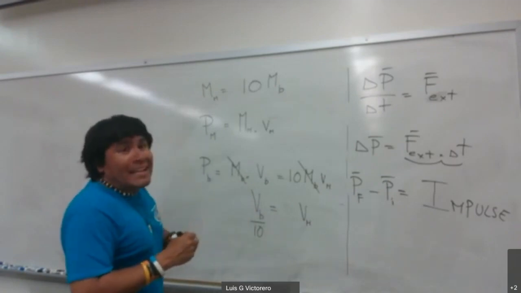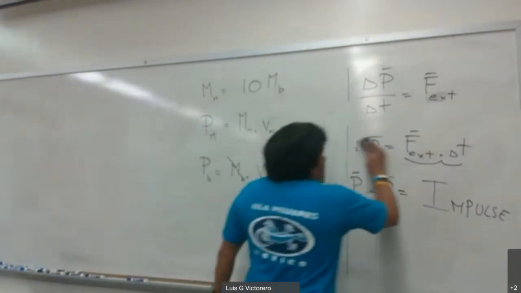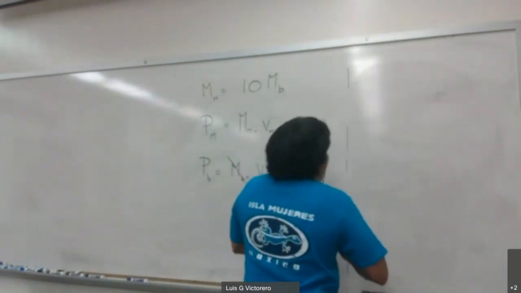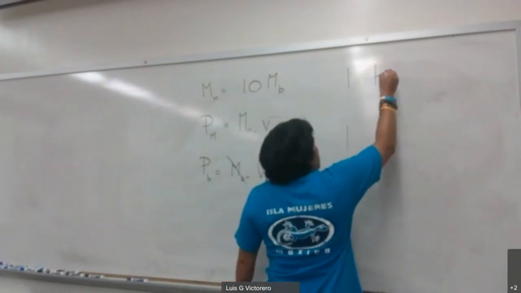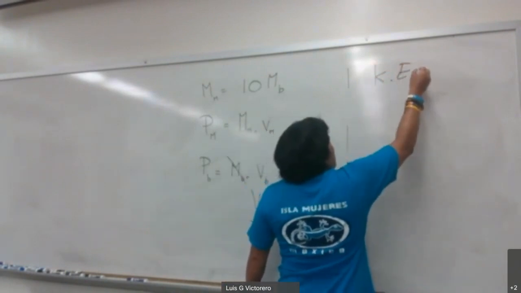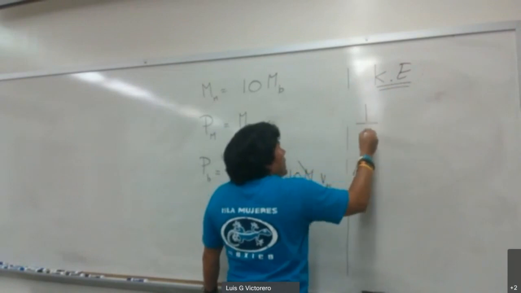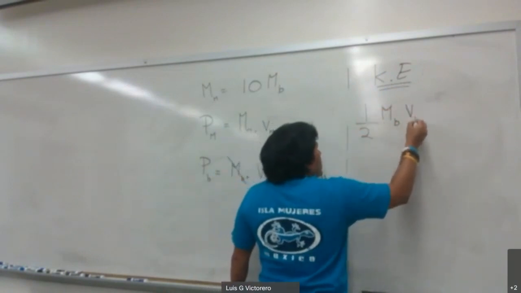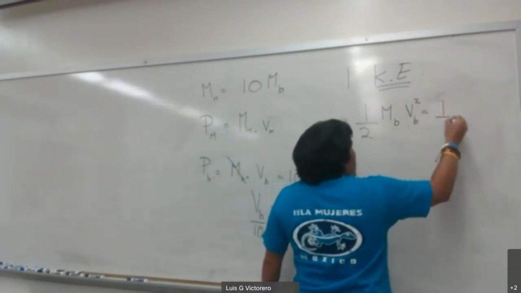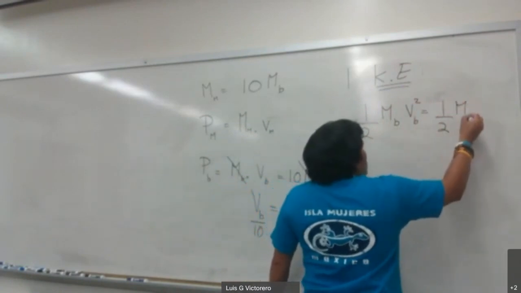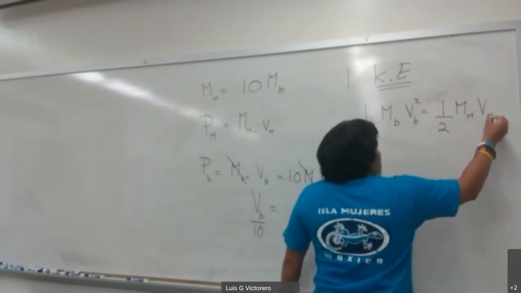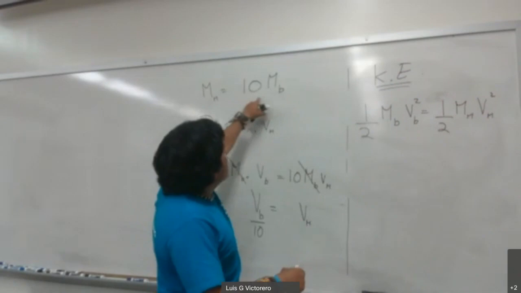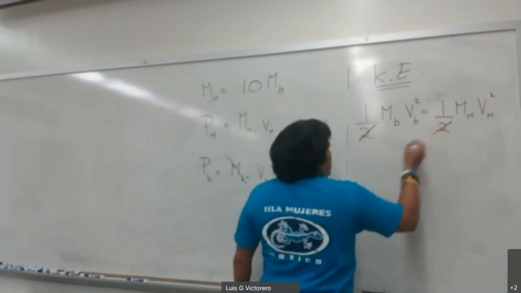Now, what about if they have the same kinetic energy? For kinetic energy, 1/2 of the mass of the baseball times velocity of the baseball squared is equal to 1/2 mass of the medicine ball, speed of the medicine ball squared. But we know that the mass of the medicine ball is 10 times that. So, first we do this.